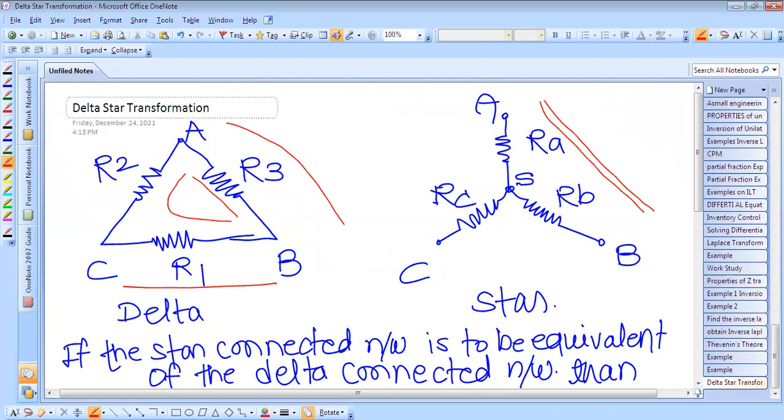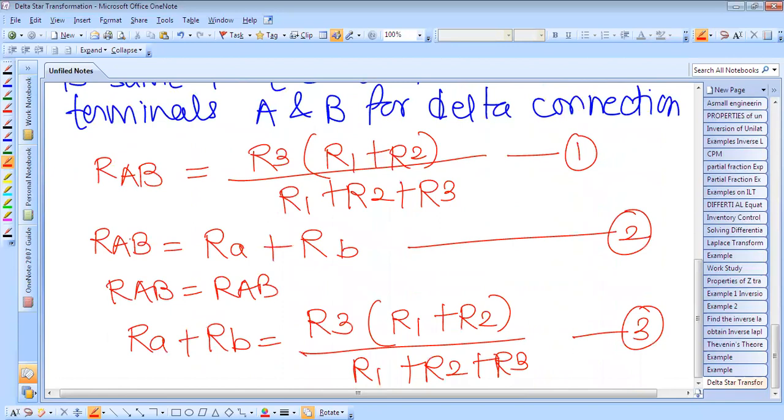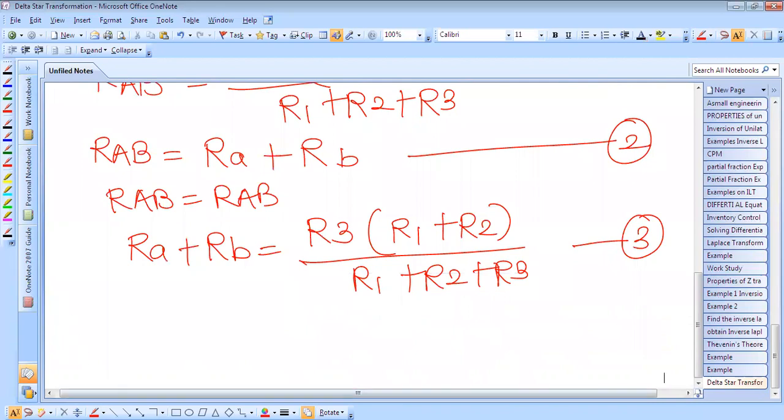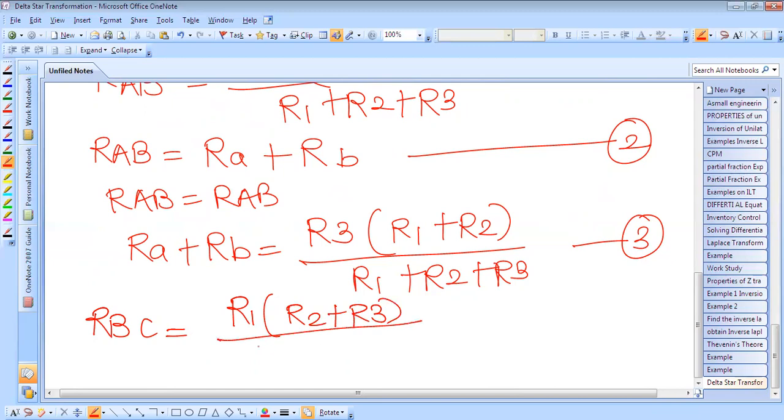So we can write the resistance RBC is equal to R1 in parallel with R2 plus R3, and therefore R1 into R2 plus R3 divided by R1 plus R2 plus R3. So this is equation number 4.